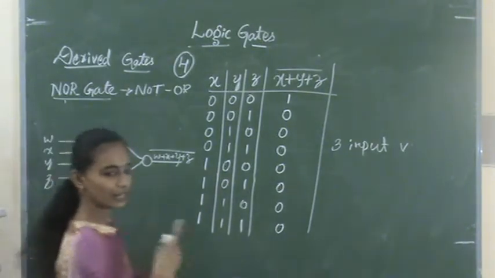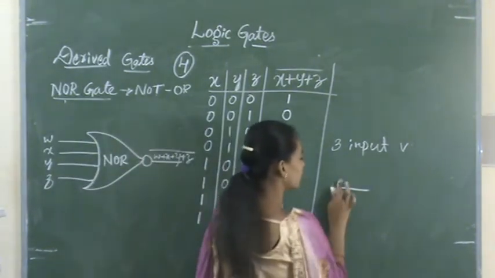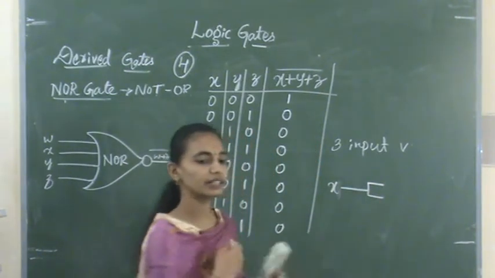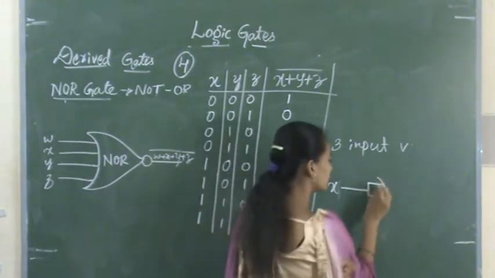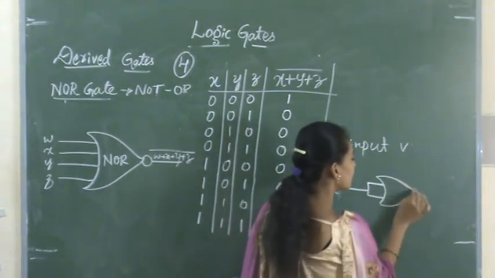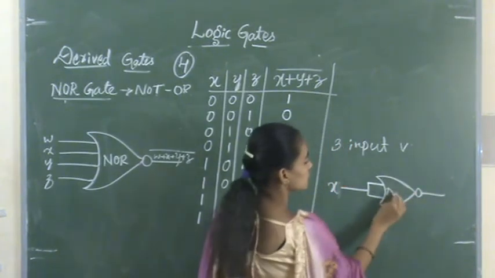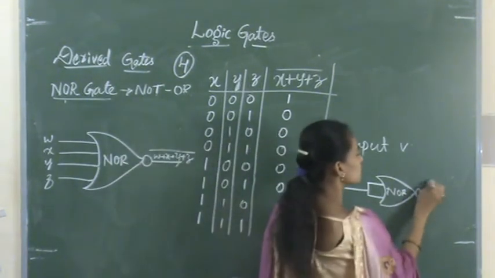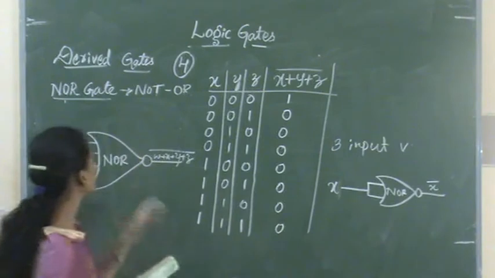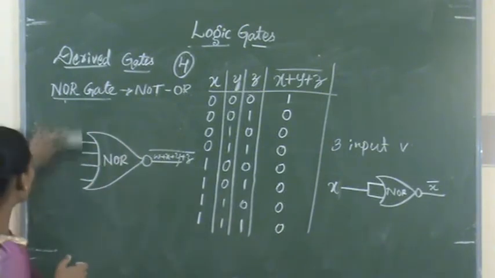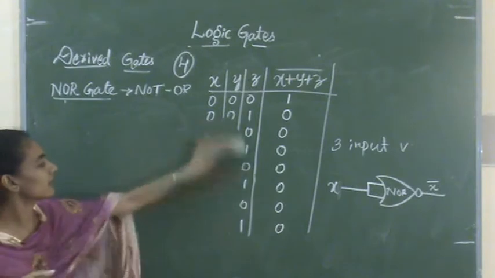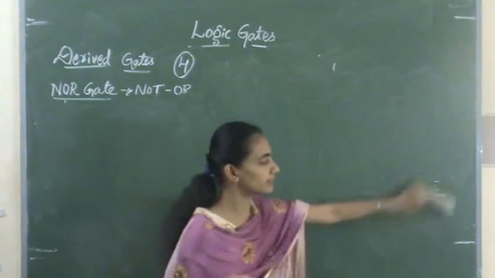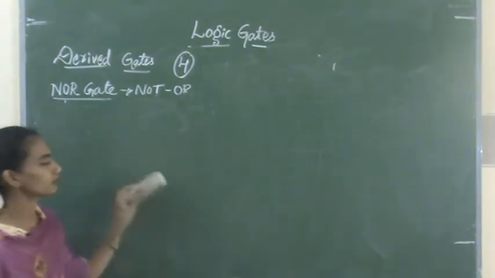How to write one input? We provide only X as an input. If we are providing a single input, a single input NOR gate, then if we provide X, it becomes X bar. So this is about the NOR gate. We know what the NOR gate is, how it works, and that we can provide different numbers of inputs. So we studied those things.